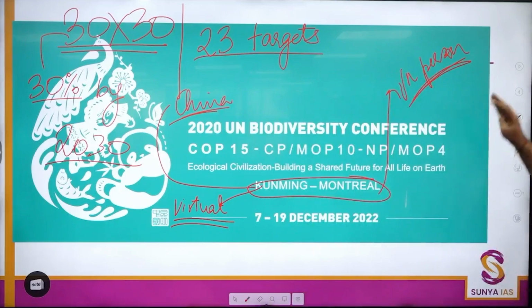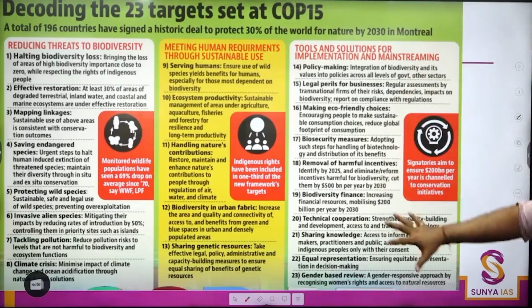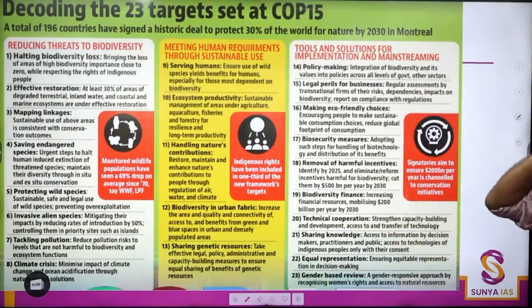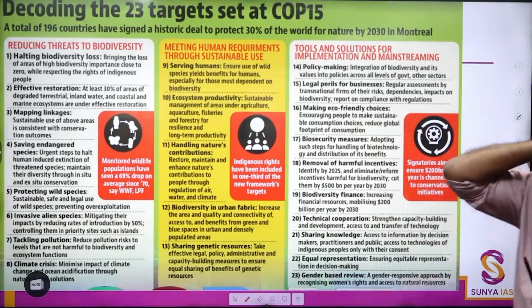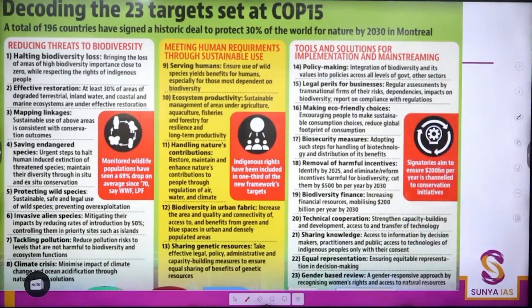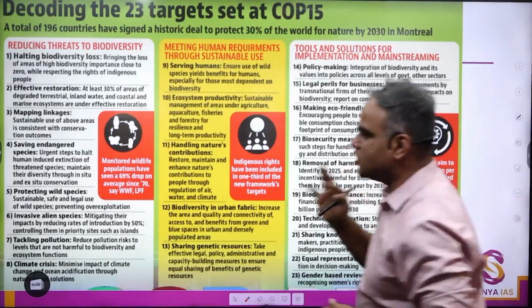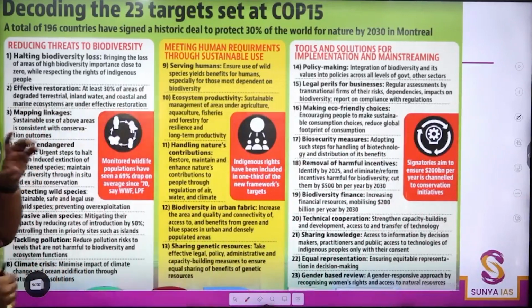Now we'll see these 23 targets. You don't have to remember this because most of this is English. For prelims, only the factual part is more important. Generally speaking, policy perils, eco-friendly choices, biosecurity, benefit sharing, endangered species, wild species, etc. It is going to talk about.